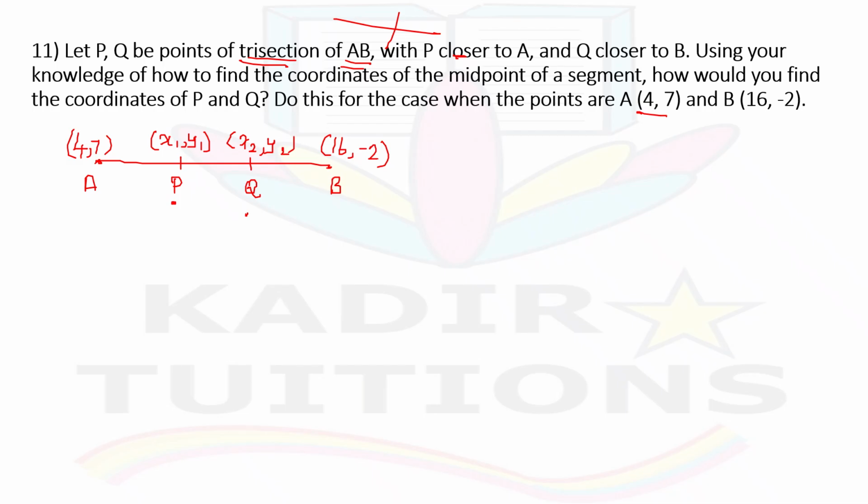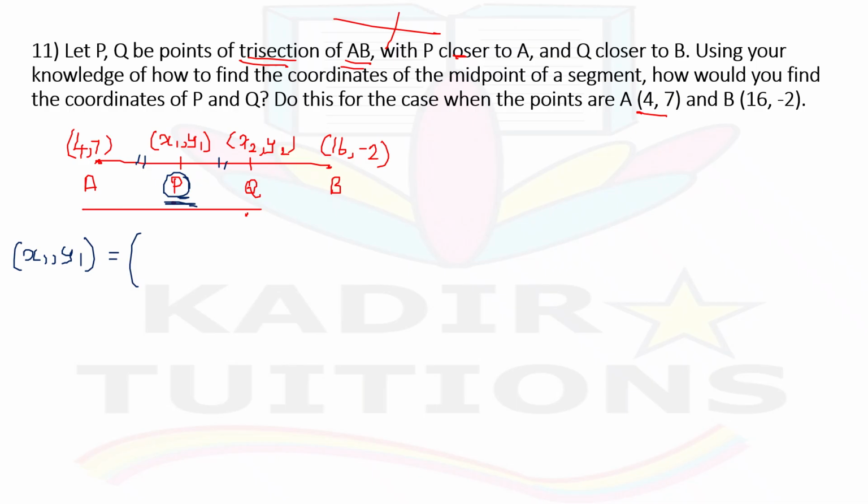First, we will consider the line segment AQ. In AQ, P is a midpoint, right? Yes, because these two parts are equal, so in the line segment AQ, P is the midpoint. Now we can apply the midpoint formula. For P, the coordinates x1, y1 are equal to the average of x as well as the average of y.